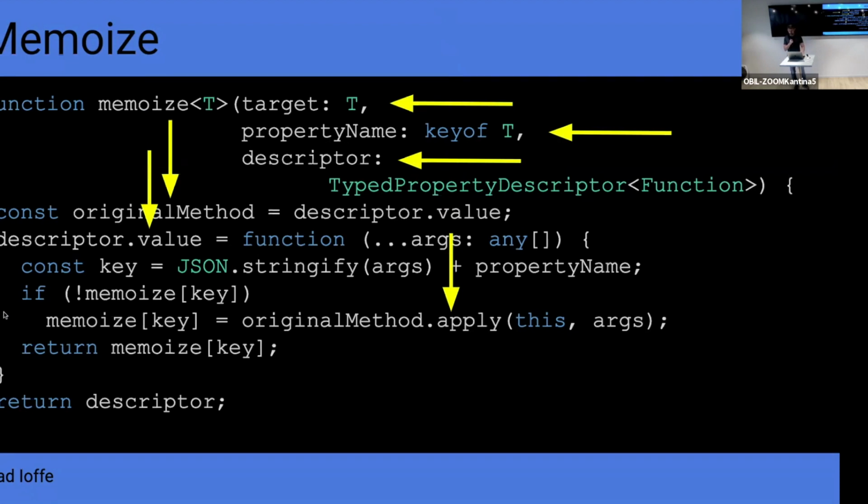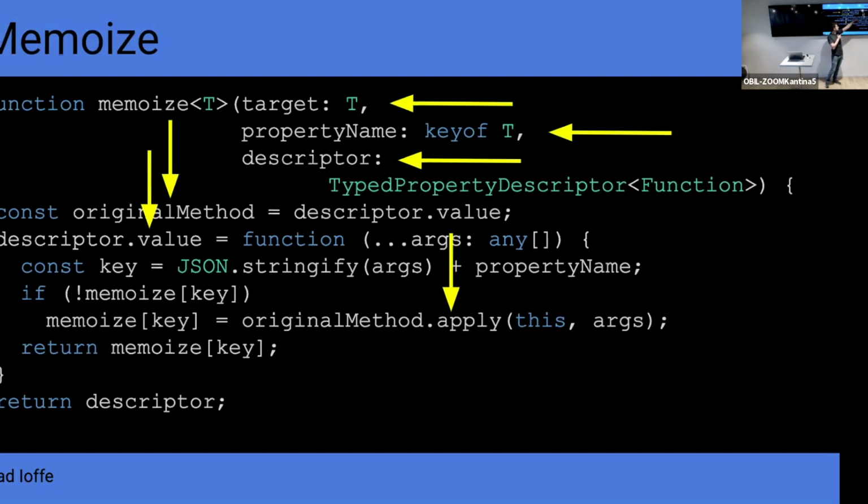And then, if the property is not in the cache, we are invoking the original method with the apply method and storing the result in the cache, and then we return the value from the cache. So if it's already in the cache, we are just returning the value. If not, we are doing the calculation and putting it into the cache.